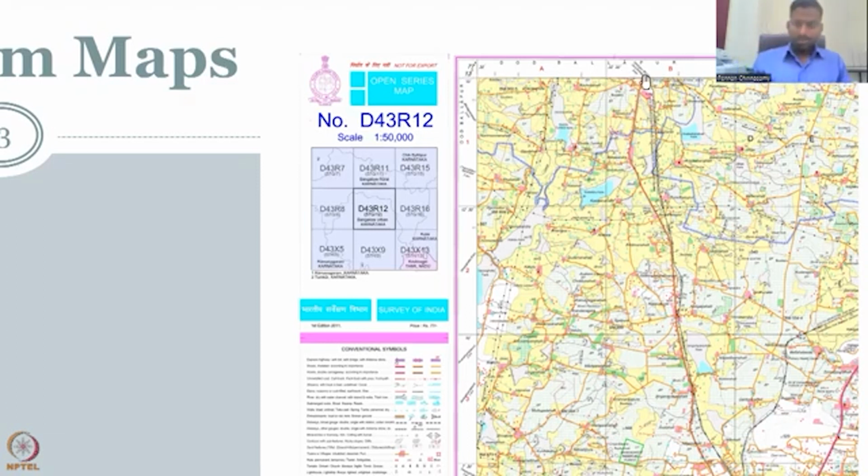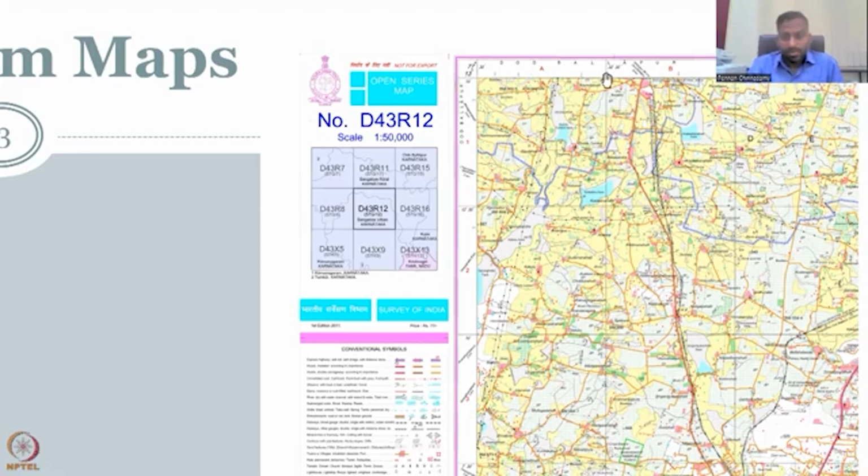Here it's also 77, but it doesn't appear as 77. You'll see some writing is abbreviated, because they don't want to overcrowd the map with writing. That is why you will see a short form of writing here.